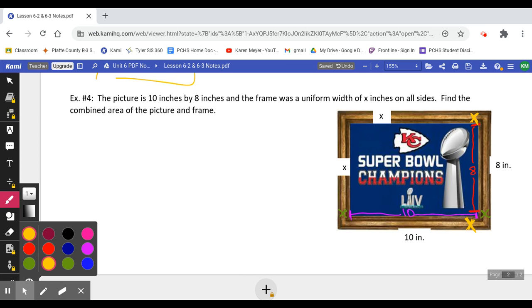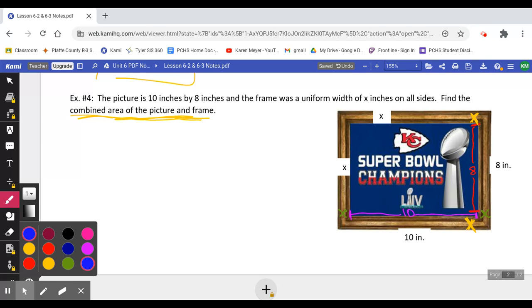So if I'm looking for the total area of the frame and the picture, what we're going to do on this one is look for the total area.